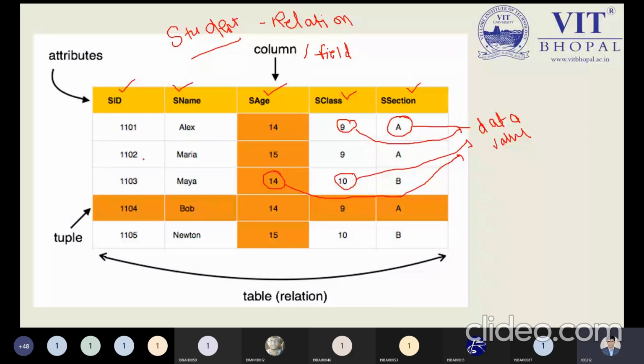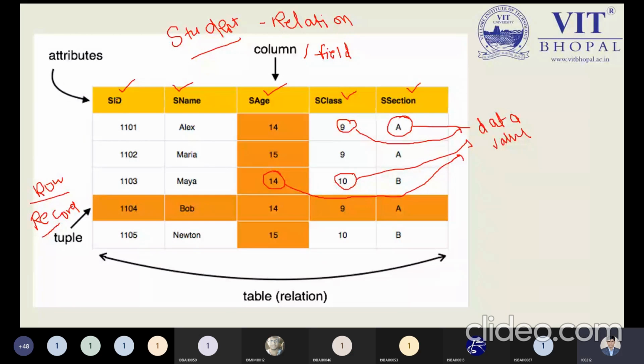You can see 1104 is the student id, student name is Bob, student age is 14, student class is 9, and student section is A. This collection of values is known as a record, and in a relational database, it is known as a tuple. In a general way we say record, in a tabular way it is a row. All have the same meaning.